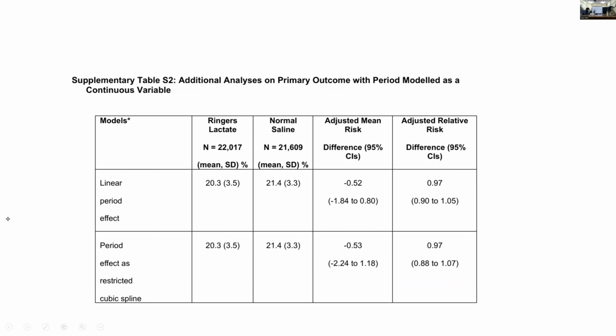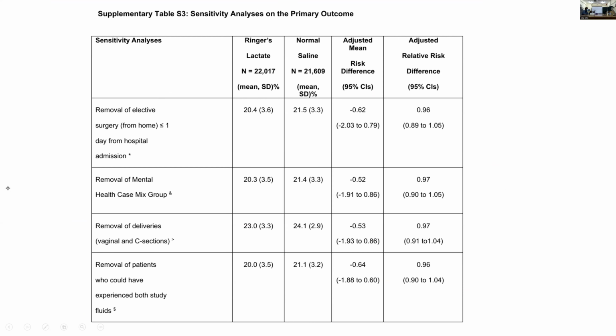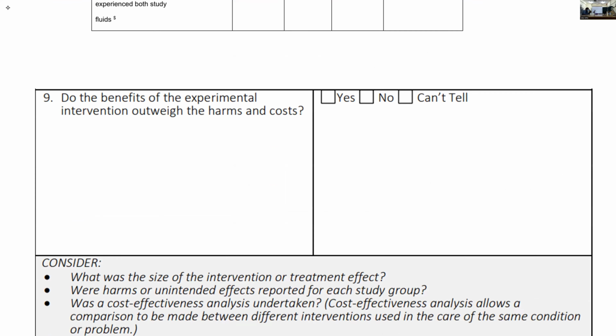They have accounted for period effect. In the other sensitivity analyses, they removed elective surgeries, mental health case mix, and deliveries, and they removed patients who could have experienced both routes, and still they found nothing majorly significant in any of their analyses.